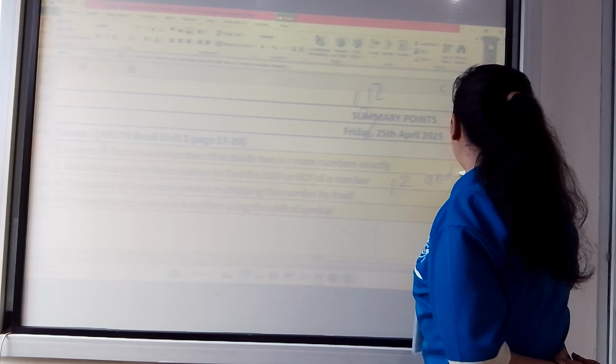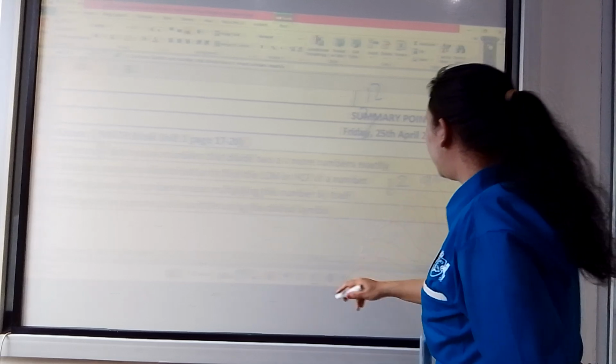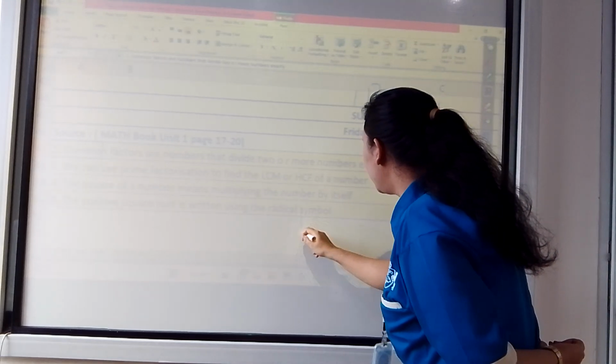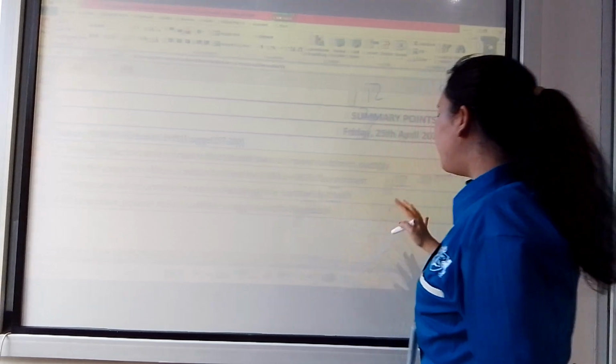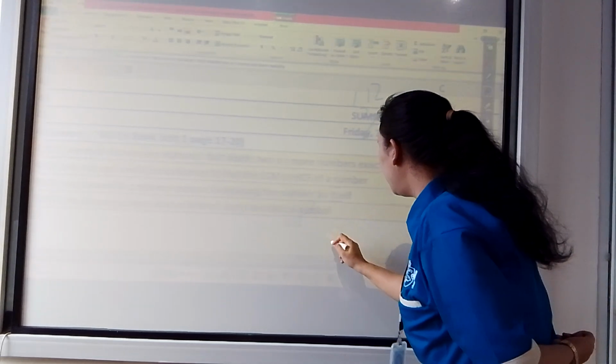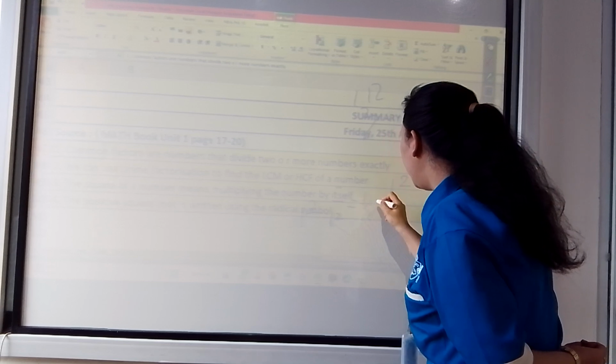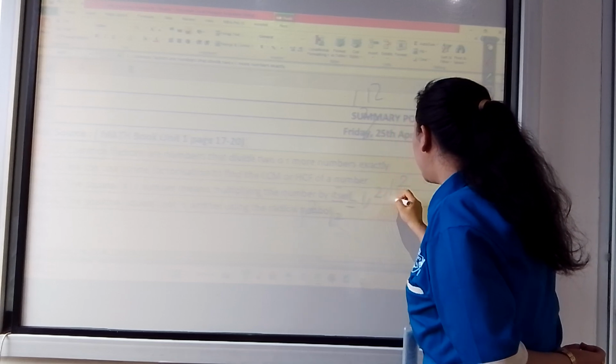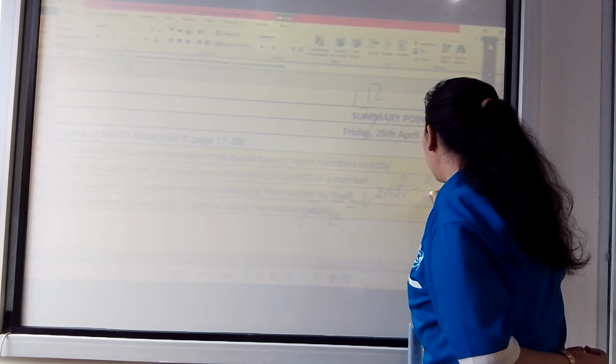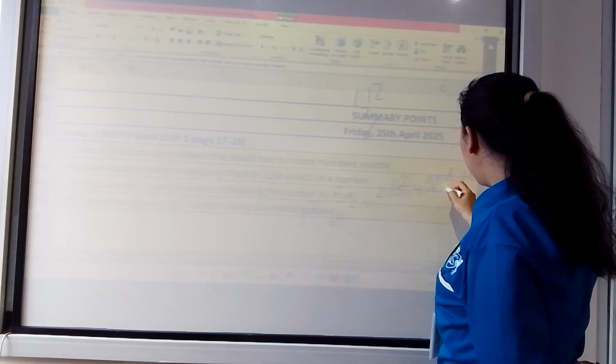We find out the factors of 12 first. 12 can be divided by 1, 2, 3, 4, 6, and 12.